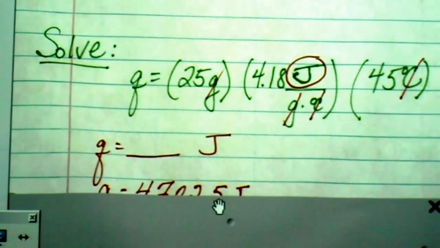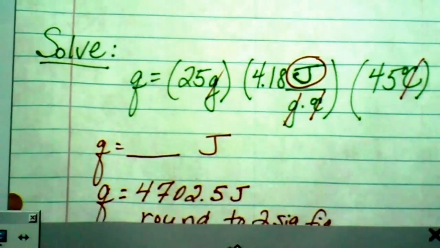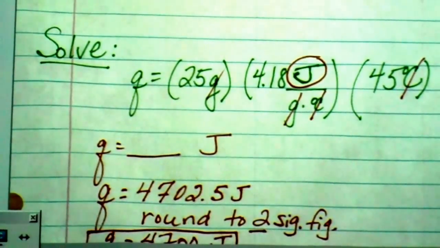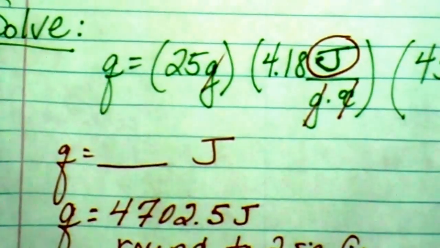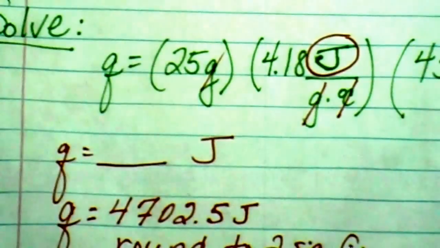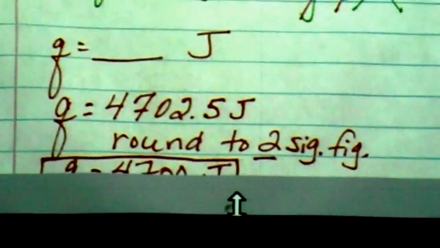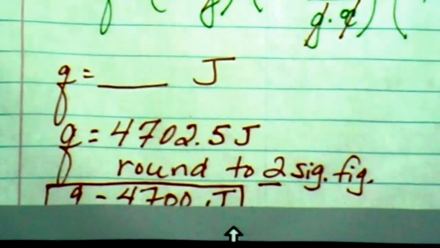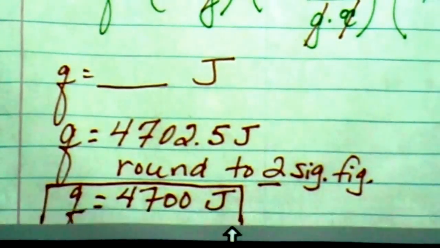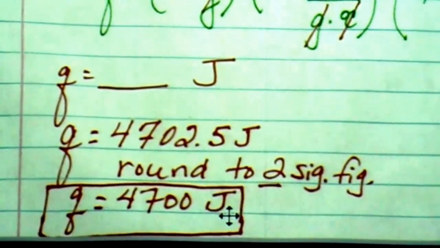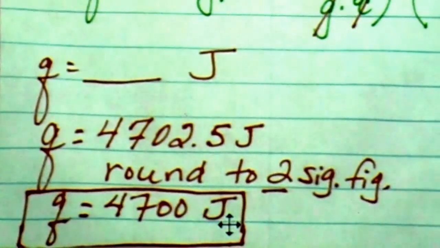We know that's in joules once we get all the units taken care of. You probably got something like 4,702.5 joules. We have to round that off to 2 significant figures, and we end up with an answer of 4,700 joules. Can you do that on your own?